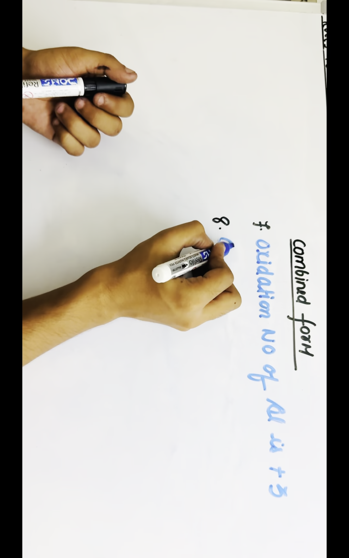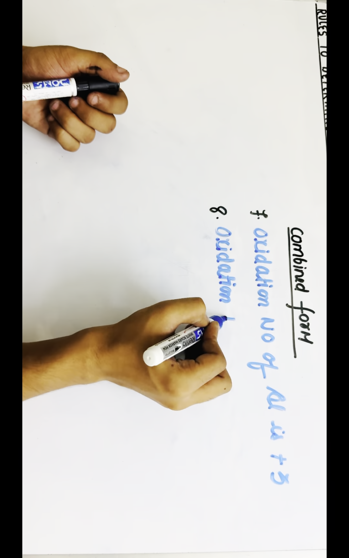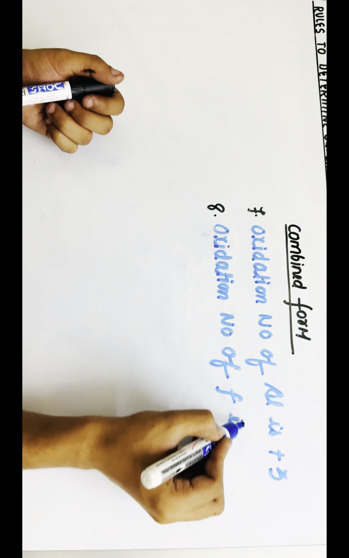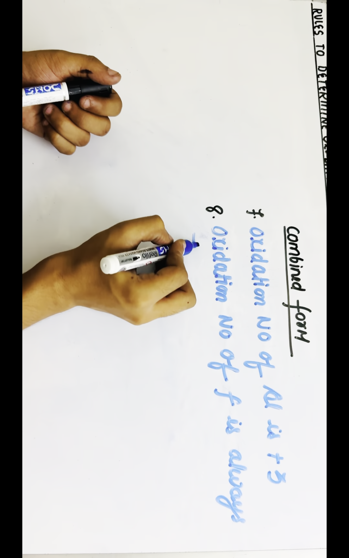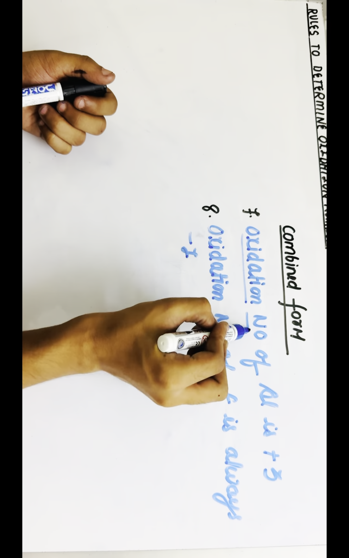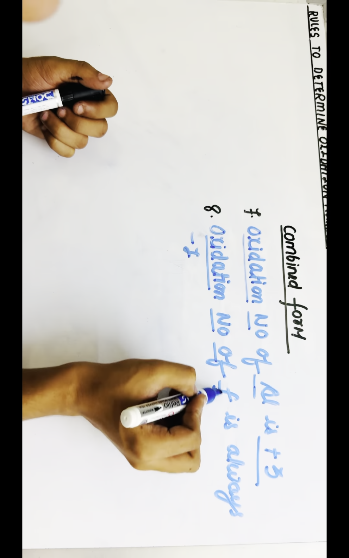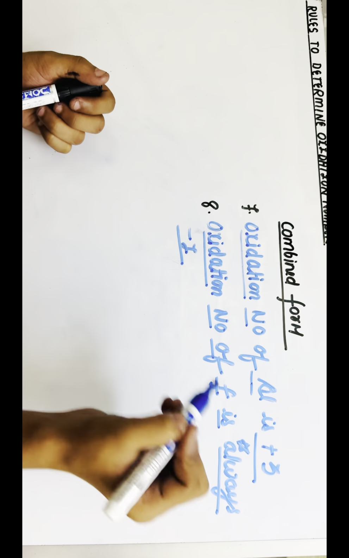Oxidation number of fluorine is always -1. So the seventh rule is that the oxidation number of aluminium is +3. Oxidation number of fluorine is always -1. Keep this always in mind, -1.